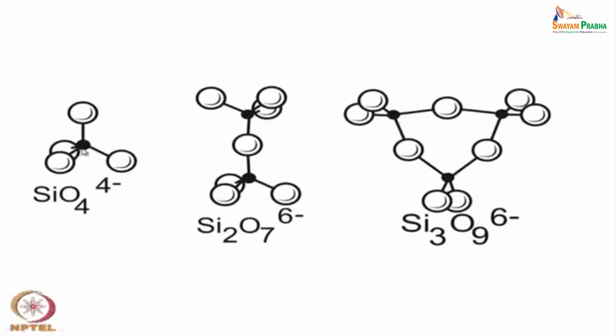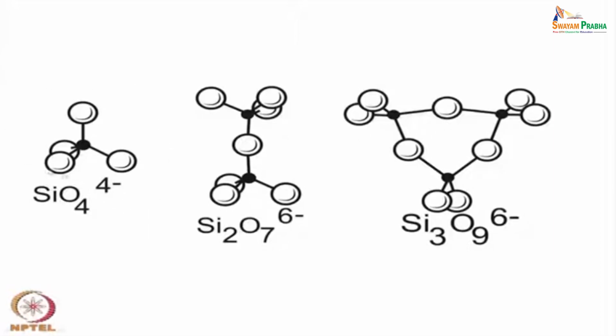Silicon, the cation size is much smaller compared to oxygen, and it forms a kind of molecule, some kind of a complex ion. So, if you have SiO4, Si is 4 plus, it is a tetravalent cation, and oxygen is 2 minus. So, you have actually a net charge of 4 minus.